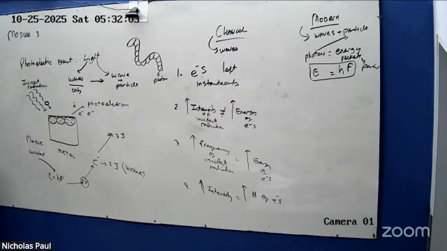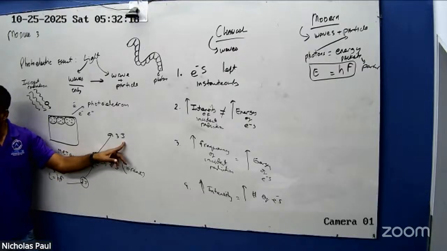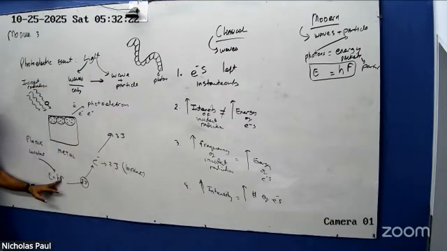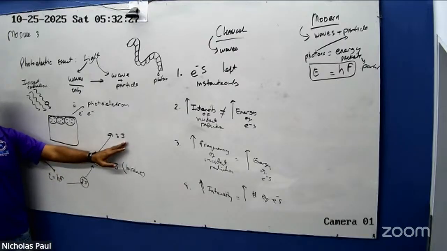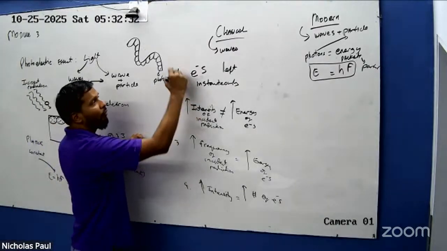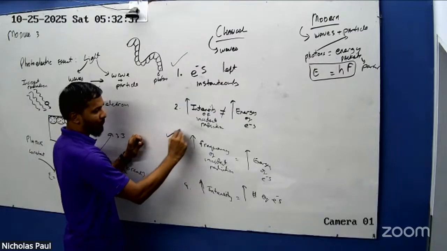So if h is a constant, what controls energy? Frequency. If I increase the frequency, I increase the energy, and so the energy the electron leaves with. If this becomes 7, this will always be 2, but this now becomes bigger. So now we know why this happened and we know why this happened.